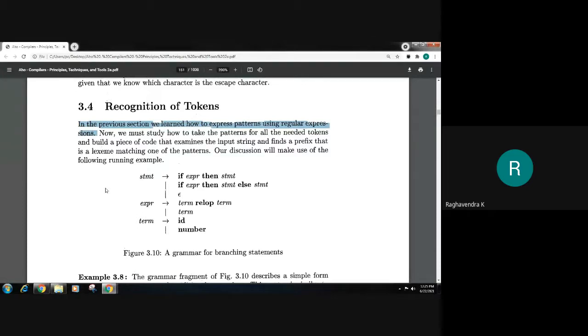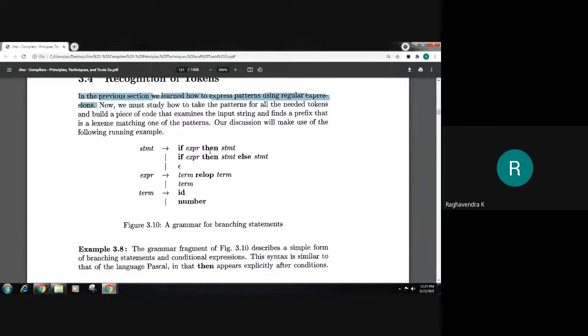Now we have to look into how we are going to take those patterns and convert them to tokens. Not only that, we will also look into how we can generate a piece of code, maybe a C-like statement, that we can actually use in order to perform lexical analysis, right?